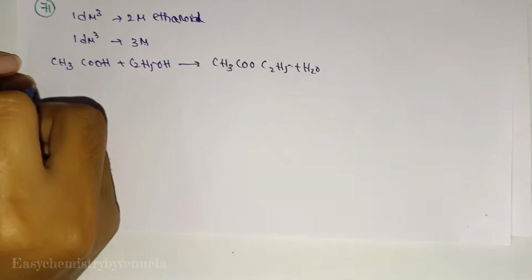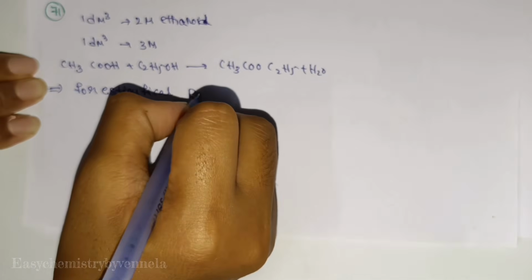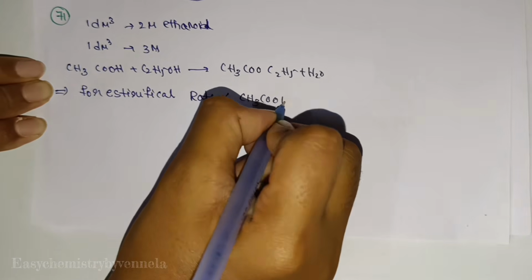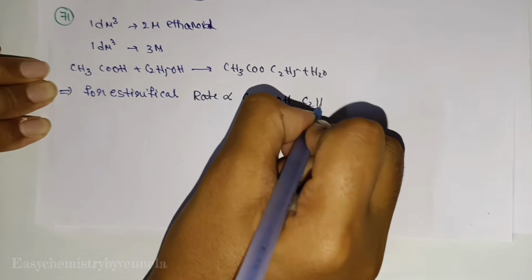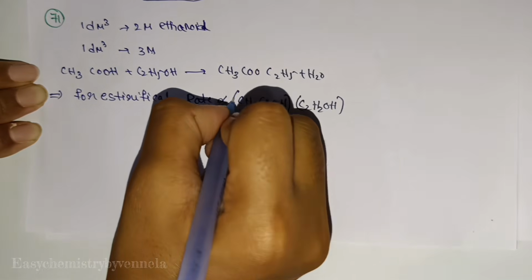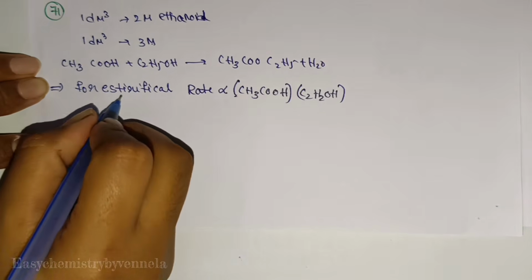Next. First, for esterification, rate is directly proportional to the concentration of carboxylic acid and C2H5OH. When equal volume of water is added, total volume is double.